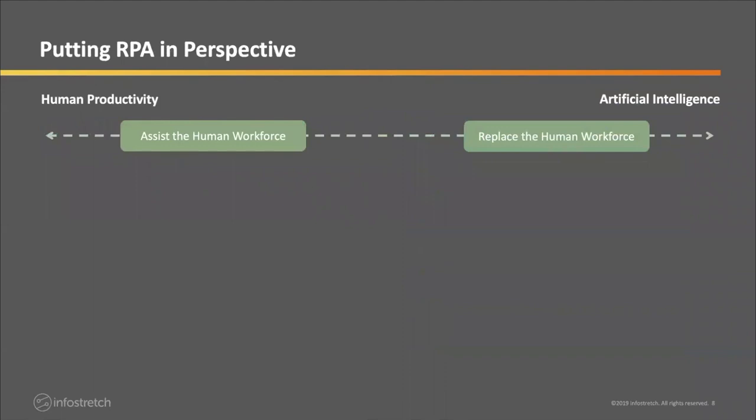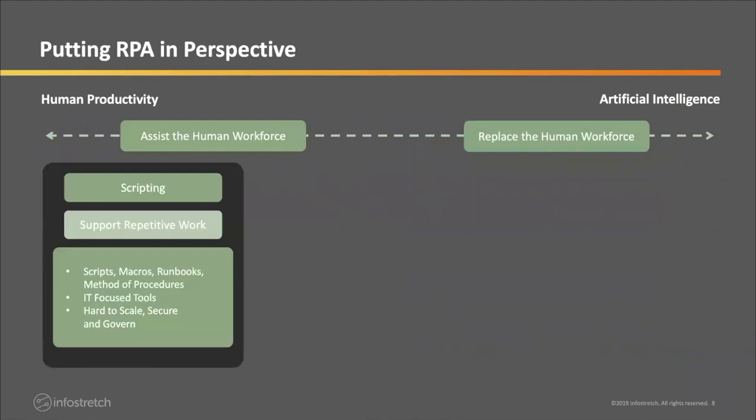So let's put this in perspective. If I create a spectrum of human productivity and this whole concept of replacing human workforce by artificial intelligence, let's start seeing what we used to do. We used to have scripting, as I mentioned earlier. We used to have macros, runbooks, MOPs, or methods of procedure as we used to call them. These were there to assist and support the repetitive work that the human workforce was doing.